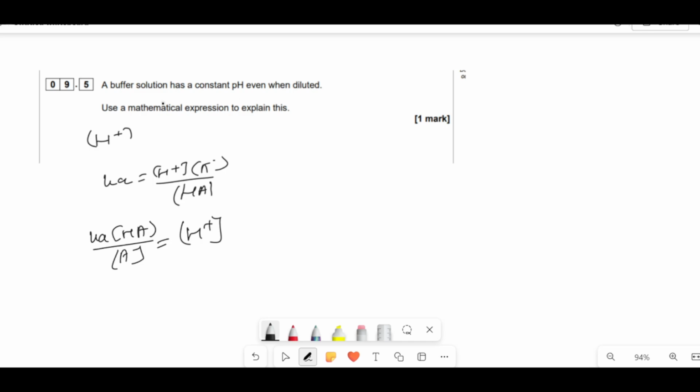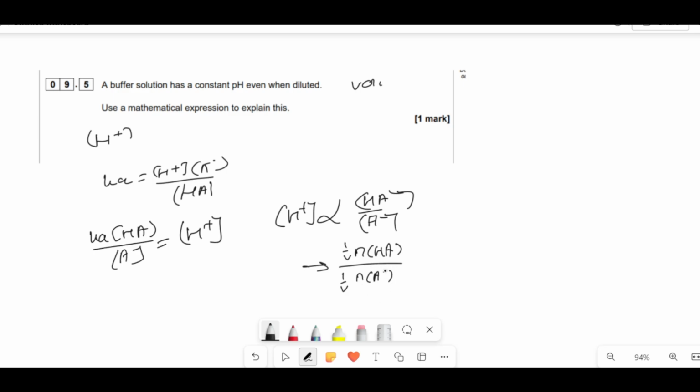Now, it's talking about when you dilute it, so you're changing the volumes. So H+ is dependent on these two. Ka is constant. H+ is proportional to HA over A-. Now, if I wanted to rewrite this even further, I could say that this is proportional to the moles of HA divided by its volume, all over the moles of A- divided by its volume.